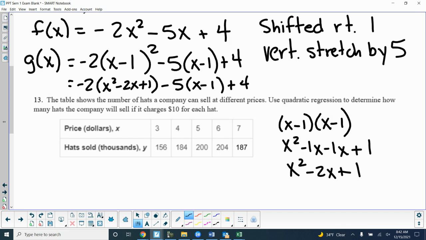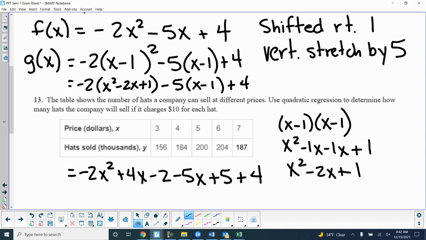Now I'm going to distribute the -2 and the -5 to simplify it some more. So it'll be down here below this one. -2 times x squared, -2 times -2x, and -2 times 1. -5 times x, -5 times -1, and then the +4.